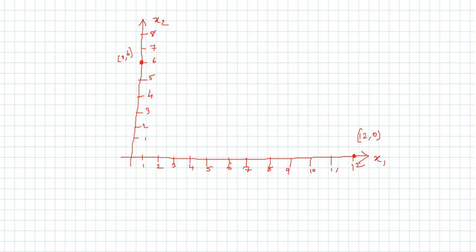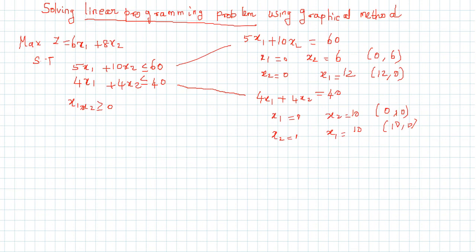Now if you construct a line from here to here, it will be the equation 5x1 plus 10x2 less than or equal to 60. Now we'll plot the second line. The second line is (0, 10) and (10, 0).